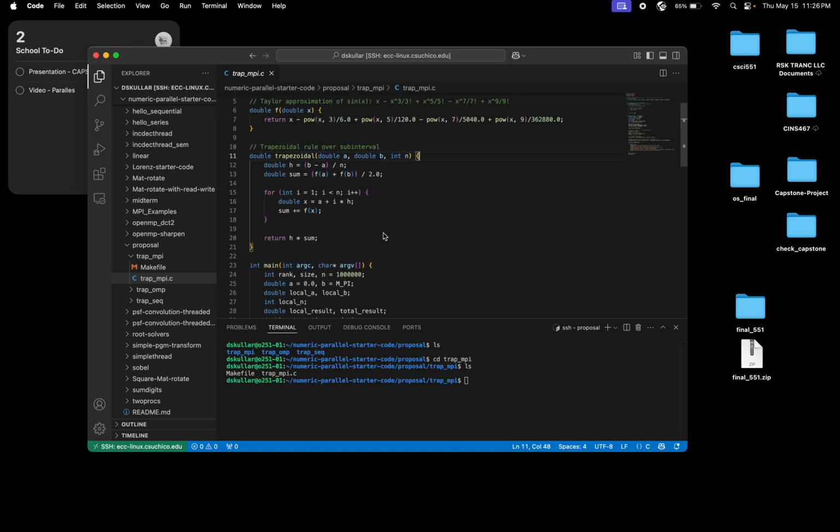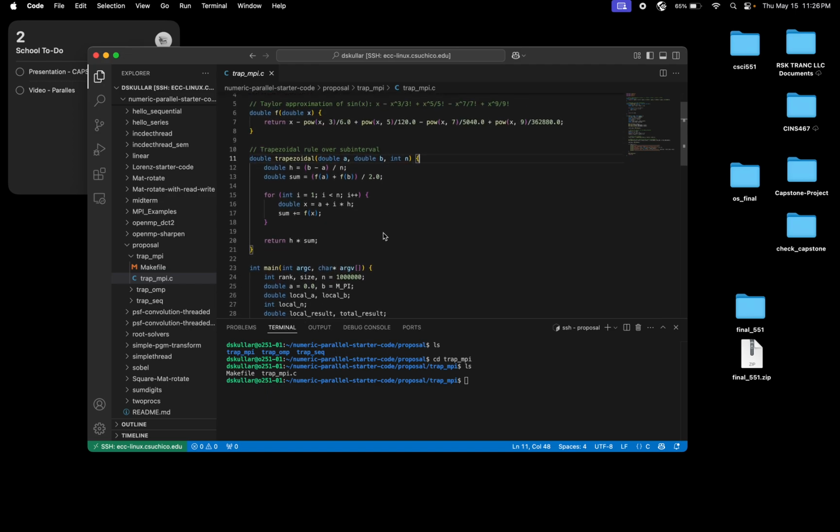Let's go over the code a little bit. In our trapezoidal function, each process uses the trapezoidal rule to compute its portion of the integral independently.